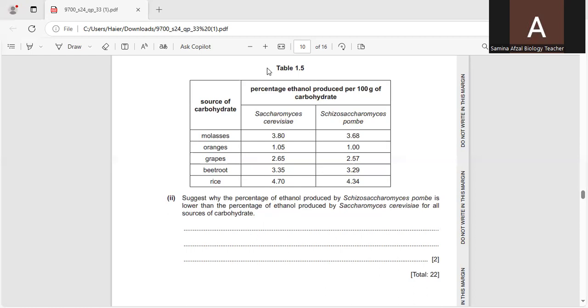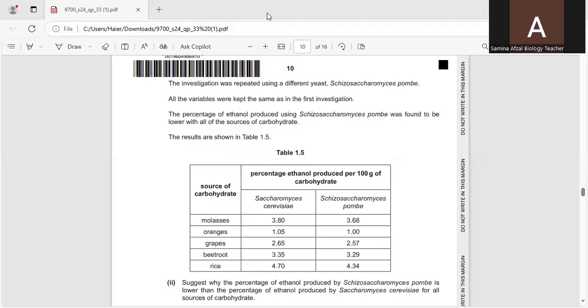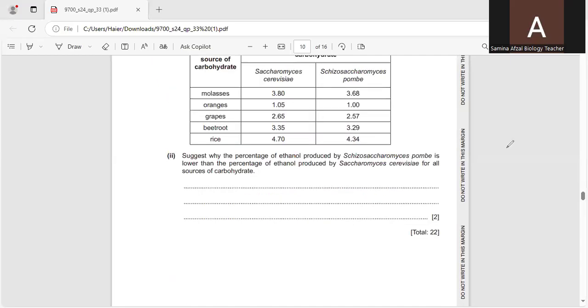So quite possibly they work at different situations or conditions of temperature and pH. So quite possibly, due to the changed pH or changed temperature, they have not given the same results.